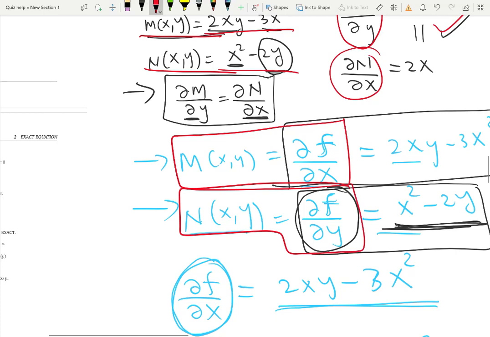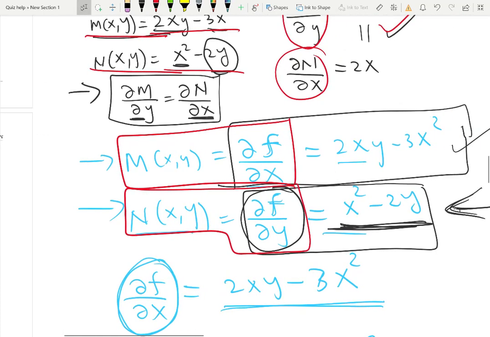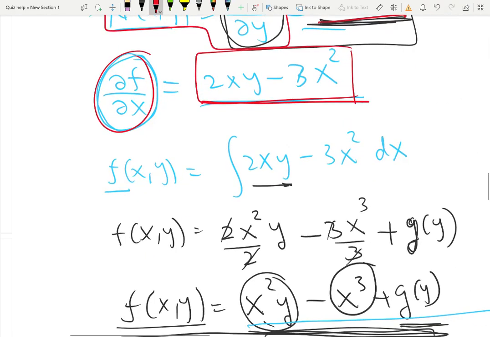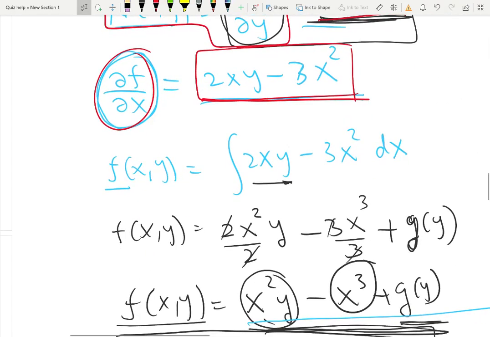So now we know M and N. The partial derivative of f with respect to x is equal to M, so I took that equation. That means the derivative of f with respect to x is equal to this function, so I integrate that function to find f.